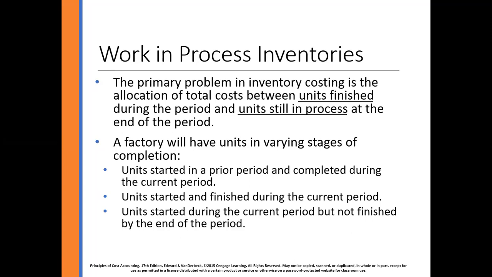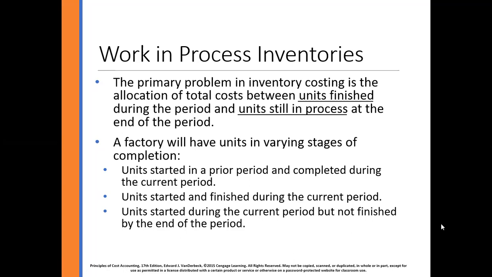Just to make the math easy, if we have 1,000 units in work in process and they are 50% complete, then essentially we have equivalent units of production of 500 units, right? If we have 1,000 units that are 50% complete, about 500 units are complete, if that makes sense. Again, we're going to see examples and get practice with it.